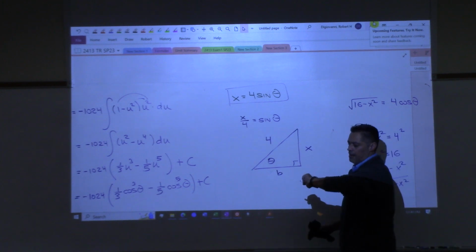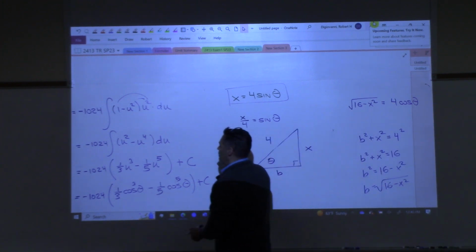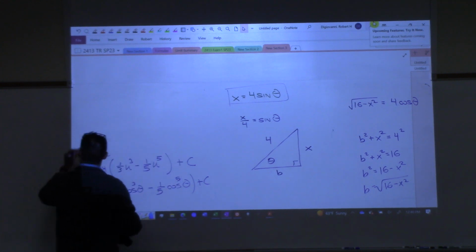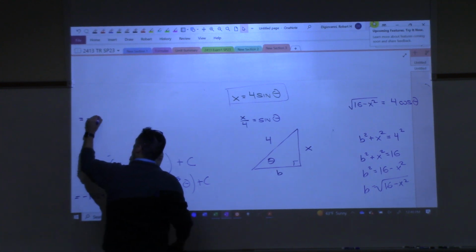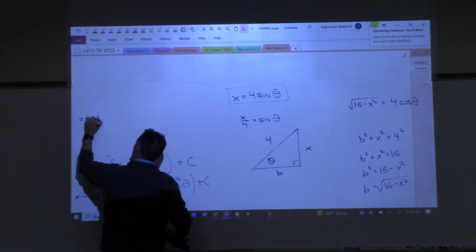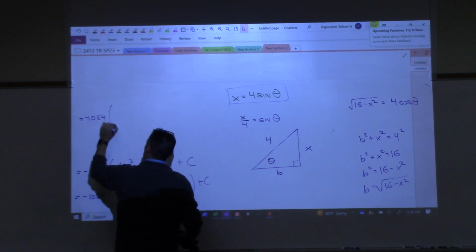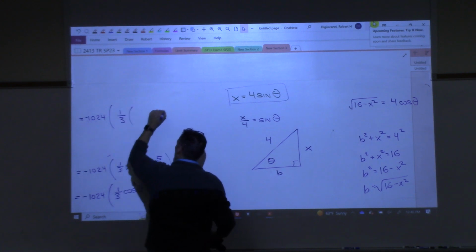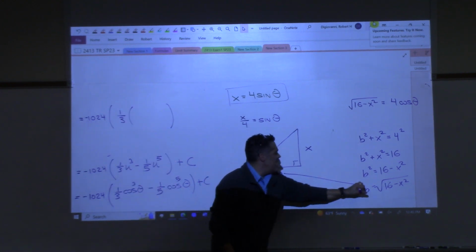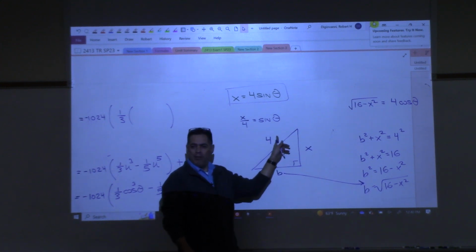I'm almost out of time. Let me see if I can at least give you a final answer here. So I have equals negative 1024, and then I have 1/3. Okay, what is cosine theta? This side, which is that, over 4, right?